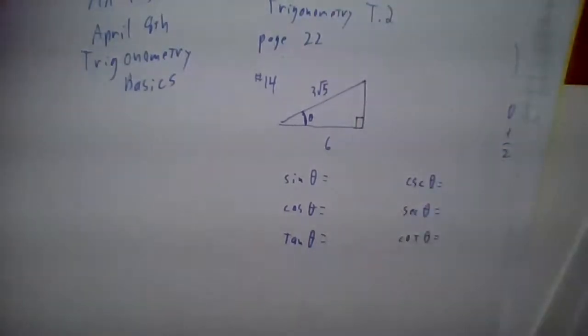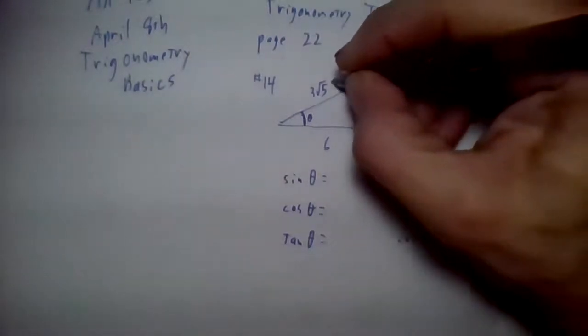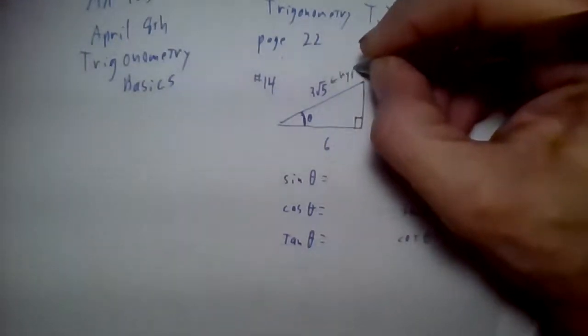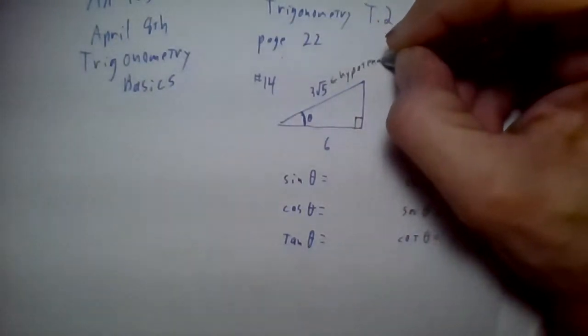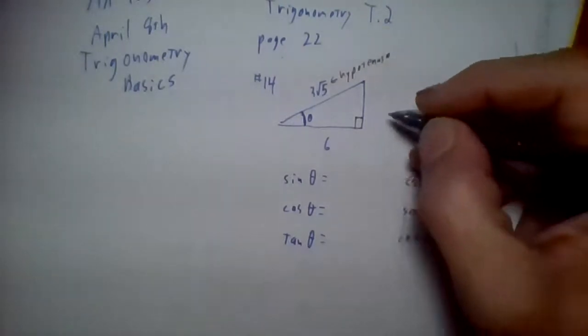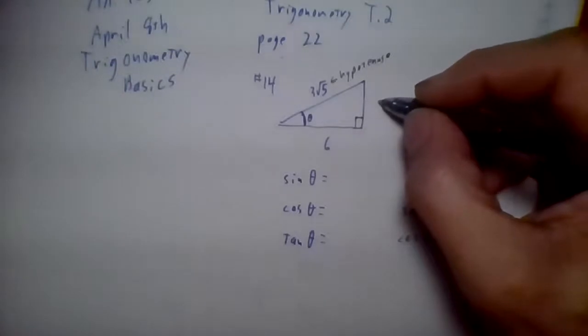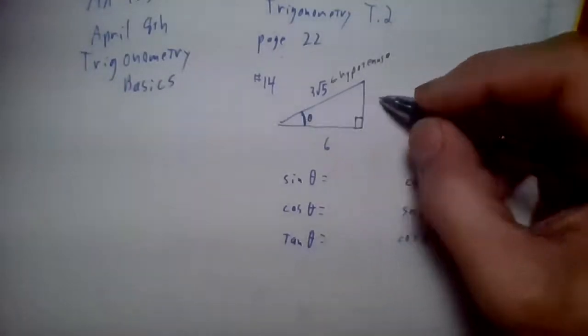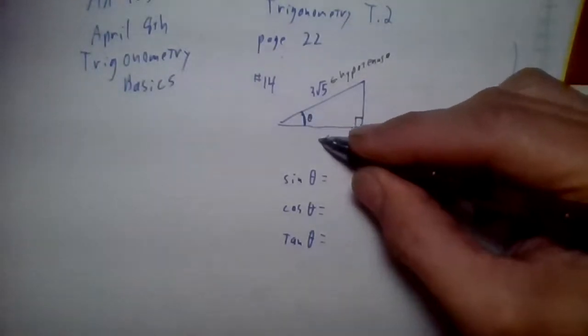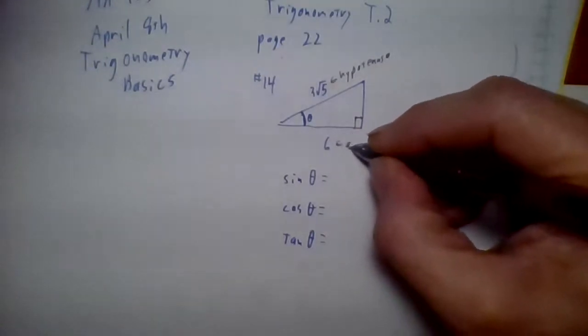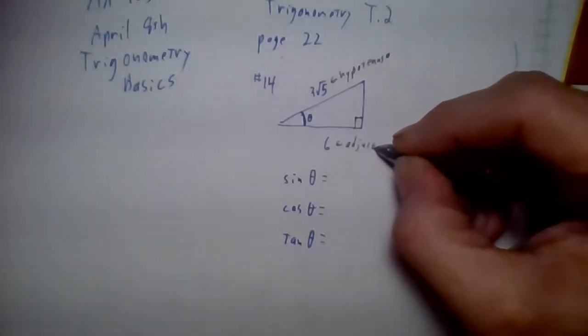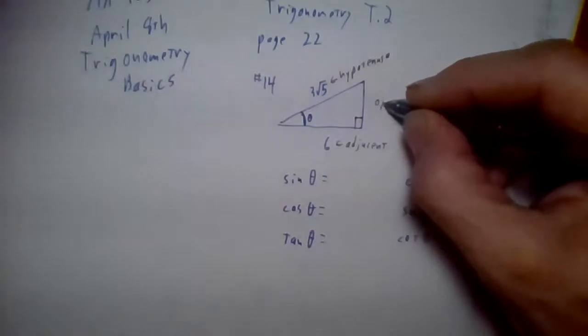That's the fancy name for this. These two sides are called the legs down here, but to distinguish them, one of them is across from the angle that we're talking about, and one of them is right next to the angle that we're talking about. So this one is called the adjacent side, and the other one is called the opposite side.